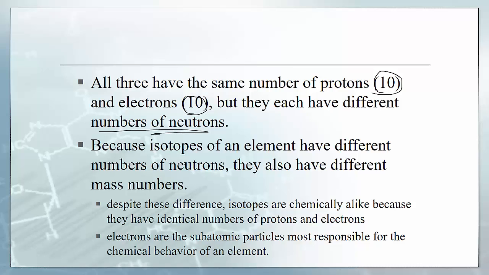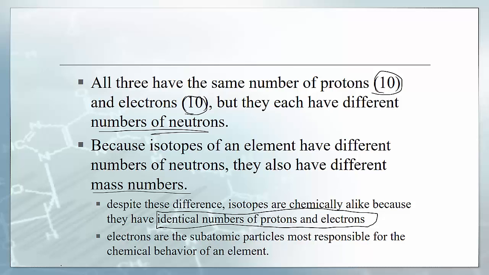Because isotopes of an element have different numbers of neutrons, they also have different mass numbers. But chemically speaking, isotopes are the same because it's the protons and the electrons that do reactions. Neutrons are neutral, they don't react with other things, but protons and electrons do. So electrons are the subatomic particles that are most responsible for the chemical behavior of an element.